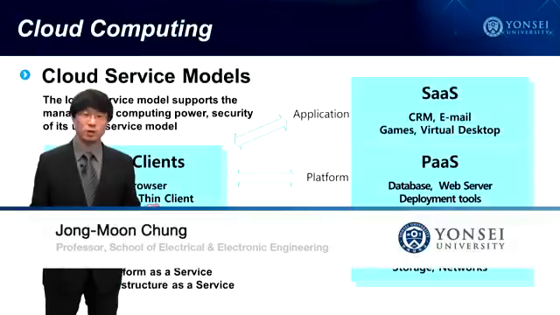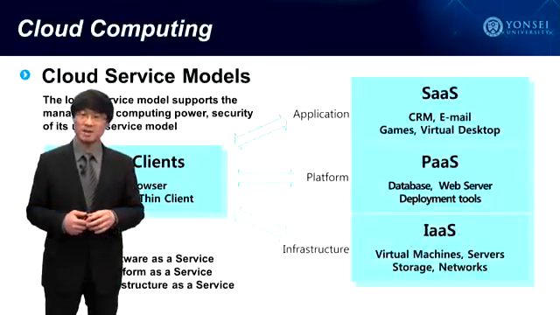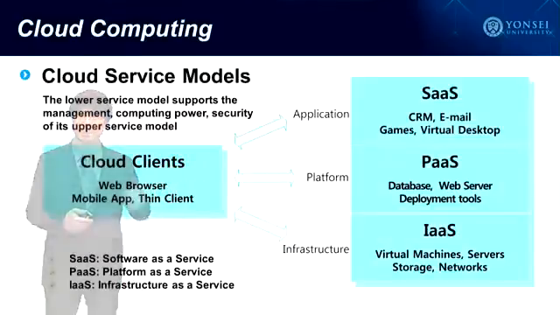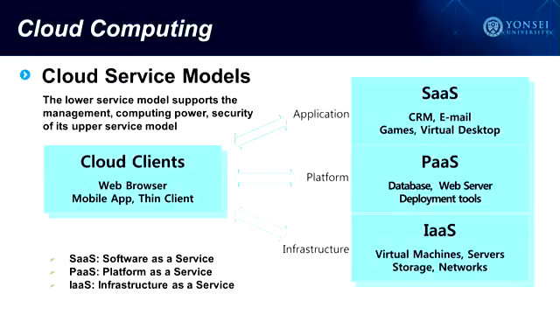In this lecture, we're going to look into further details of the cloud service models and take a look at this slide. First of all, at the bottom is the infrastructure, the IaaS, and here virtual machines, server storage, and network are what is provided in the infrastructure.